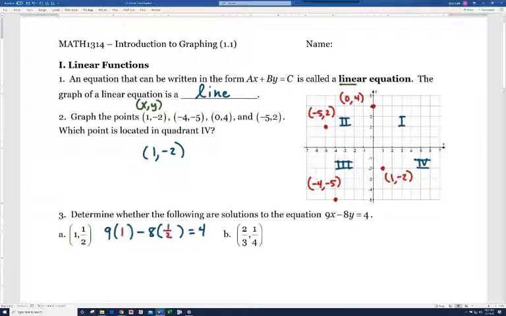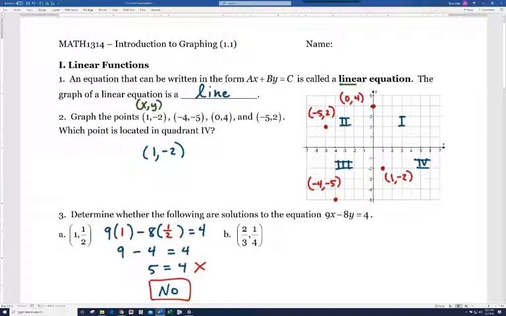So 1 is our x value and 1/2 is the y value. We're going to get 9 minus, now 8 halves, or 8 times a half, is 4. So 9 minus 4, we want to know if that equals 4. Well, that's 5 equals 4, which of course is not true. It's false. And so the answer is no. This is not a solution to the equation.